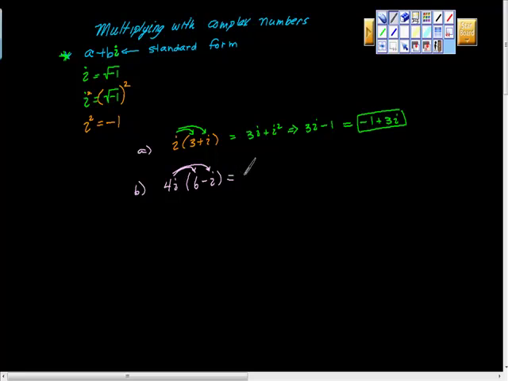So we have 4i times 6 is exactly 24i. And 4i times -i is negative 4i squared, which is the same as 24i minus 4 times -1, right? Good job.